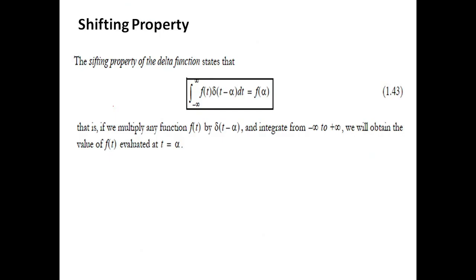Now the shifting property. Again, let us take that temperature versus time graph. At the initial point, we have, say, an impulse function at t equals to 0. The resultant output will be x of 0, that means the temperature at 0 time.